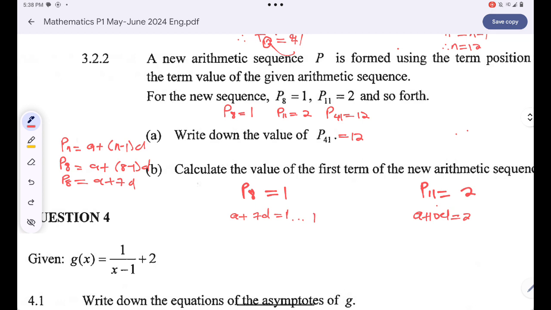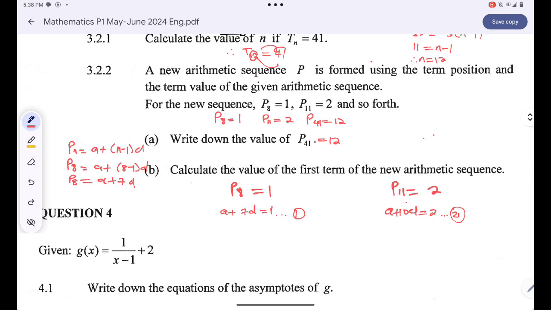By doing this, I'm forming the first equation and the second equation. And they want me to find the first term of the sequence. I just need to solve simultaneously over here. And how can I do so? You can make one variable the subject of the formula, and then find D. After finding D, go and substitute. Anyway, it doesn't matter.